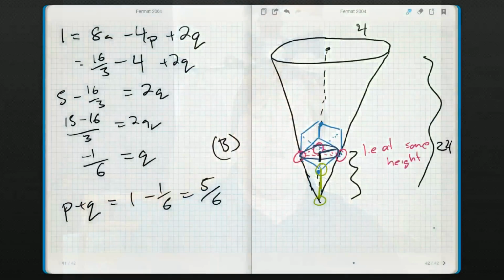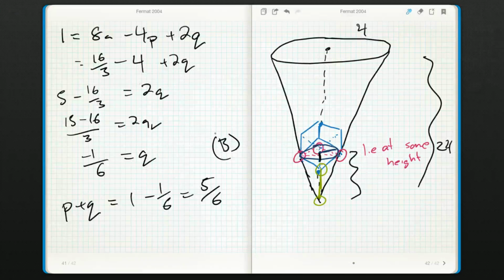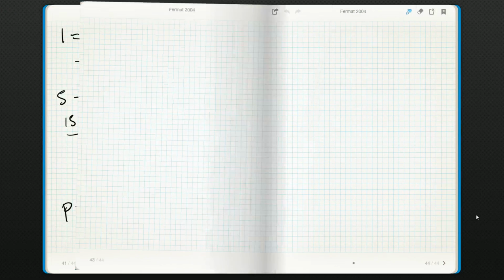Now it's time to just put it into practice. So we're going to get some numbers here and try and work with that. So we have the dimensions of the cone. Do we have the dimensions of the cube? Surely we do. Yeah, cube has dimensions of 3 centimeters. All right, so enough messing about with that picture.